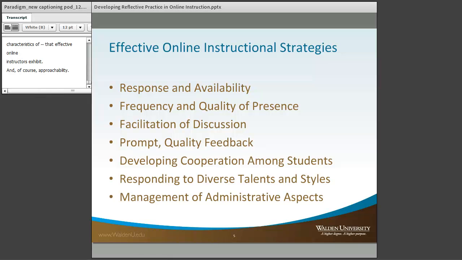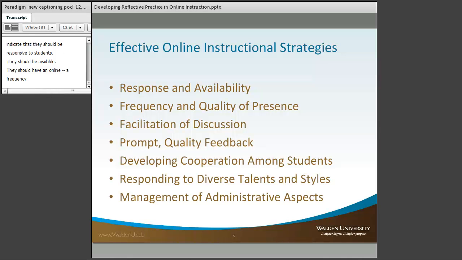So many of the characteristics that you just listed can be found in the literature and in the research. We know that effective online instructional strategies for instructors indicate that they should be responsive to students, they should be available, they should have a frequency of presence.